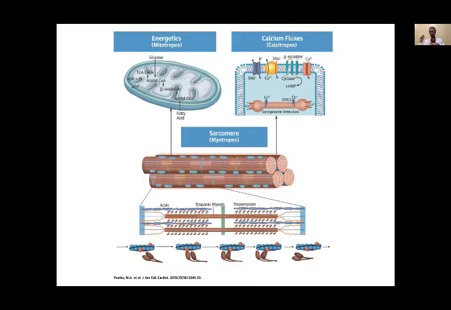Mitotropes specifically act on the mitochondria and on the biochemical regulation of fatty acids and beta oxidation. And the myotropes act on the myosin and the link between the different proteins in the sarcomere.